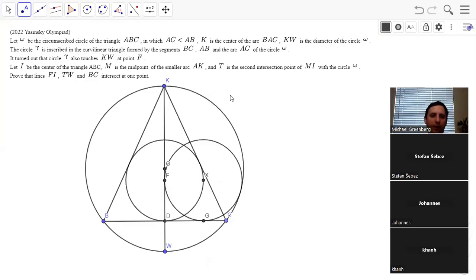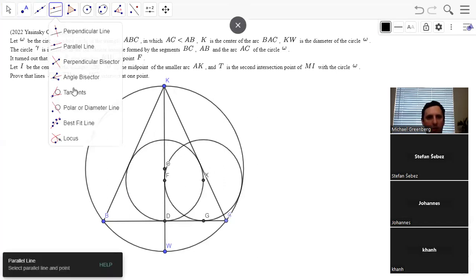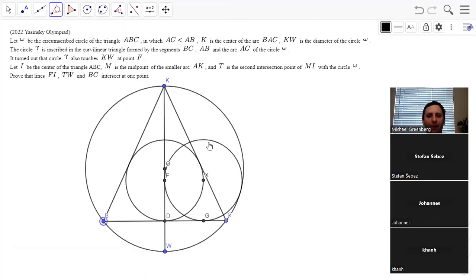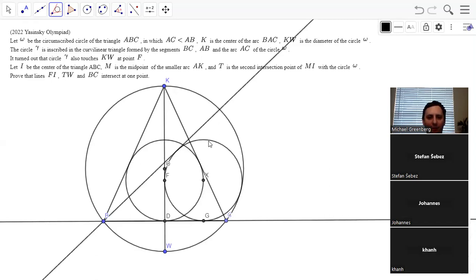Do we draw the tangent from? I'm trying to think how we do this. Just draw the tangent to the mixtilinear. From B. From B. Oh, you're right. Yeah, it's that easy. All right.